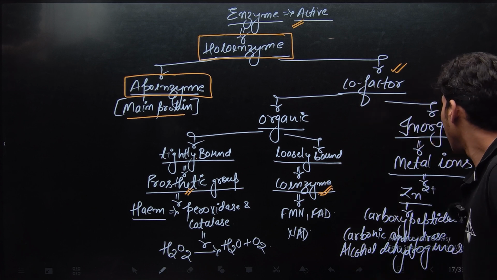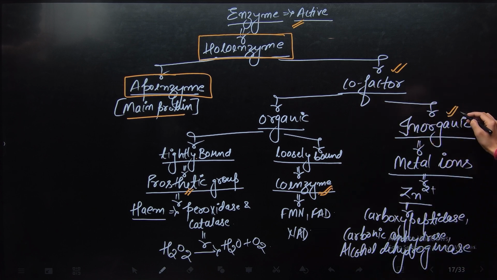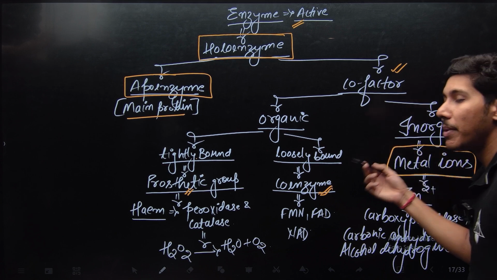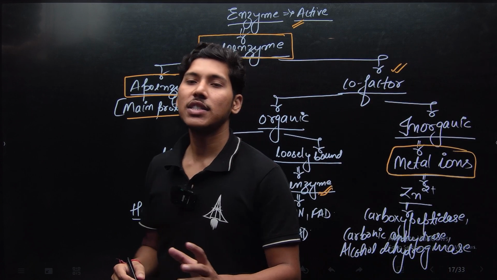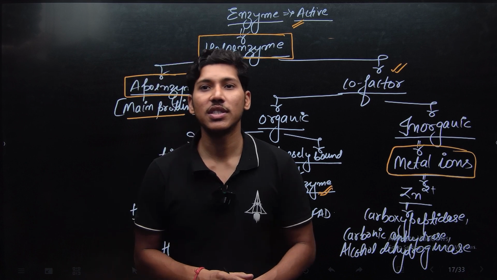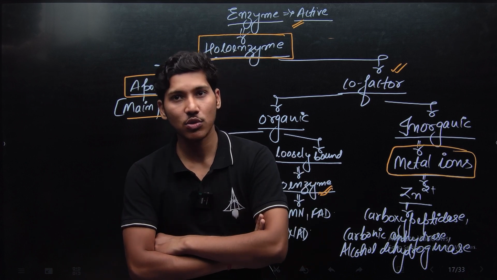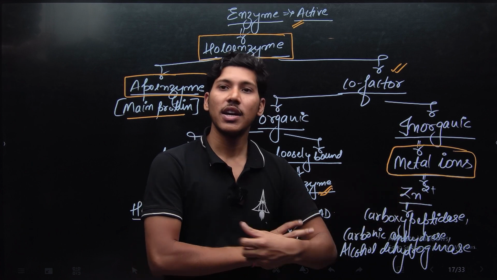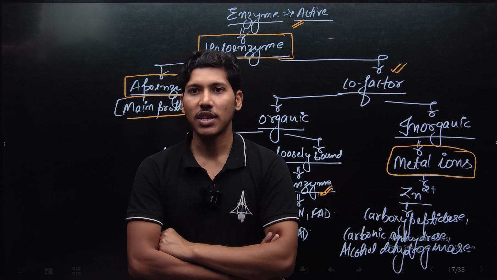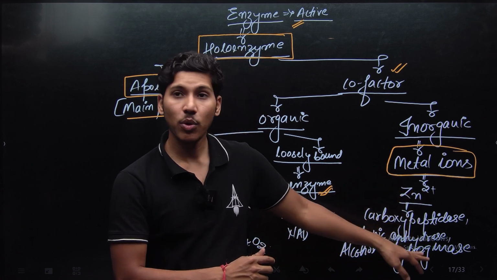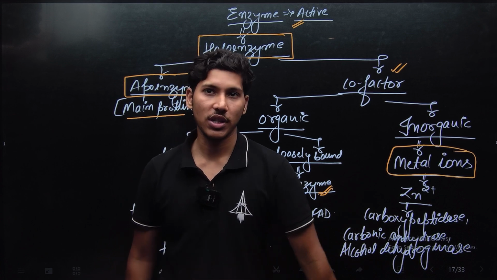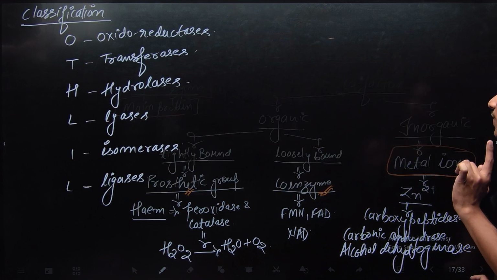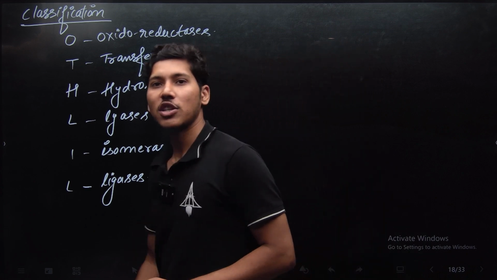If it is an inorganic ion, it can be a metal ion. Many metal ions activate many types of enzymes. Enzymes which require metal ions to get activated are known as metalloenzymes. One example is zinc. Zinc activates many enzymes like carboxypeptidases, carbonic anhydrases, and alcohol dehydrogenases. Okay, clear?